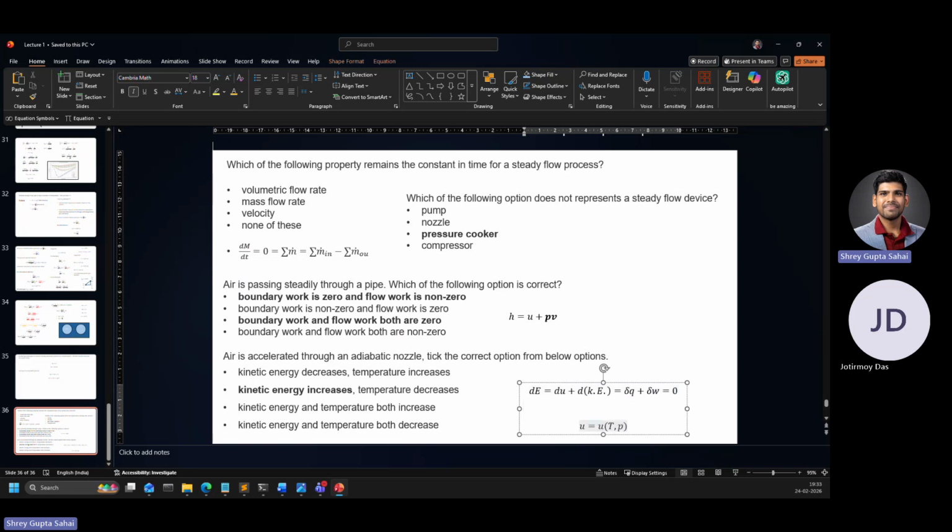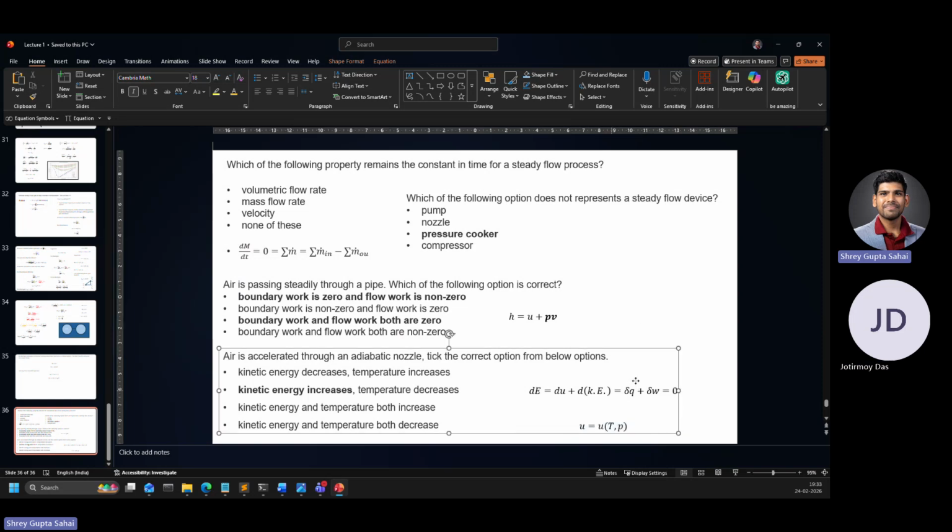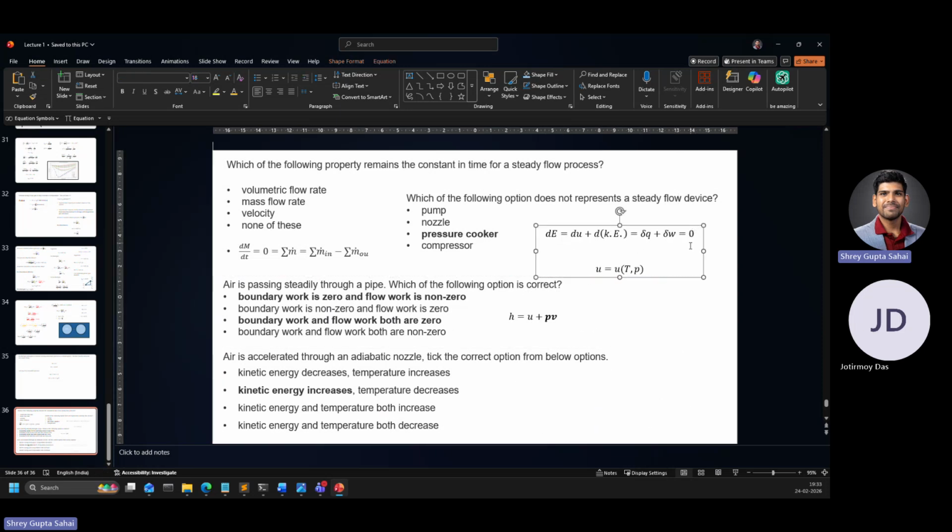Now pressure drops, so what should happen with temperature? The important part is whether we have a qualitative understanding: if pressure increases, does our internal energy increase or decrease?